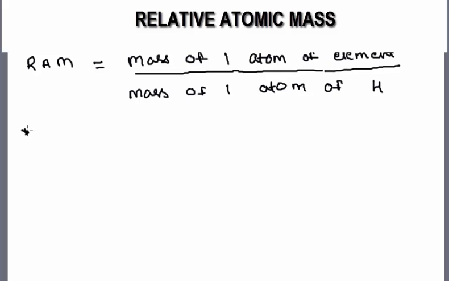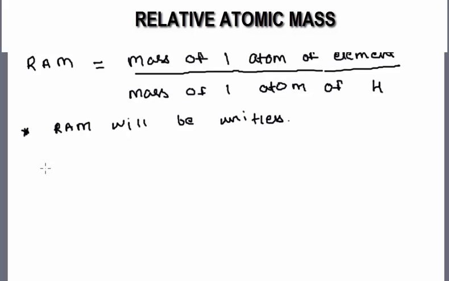Since we are doing mass upon mass in this case, if you apply basic mathematics, the RAM will be unitless. It will not have any unit. That means it will be a pure number, and each atom has its own RAM.